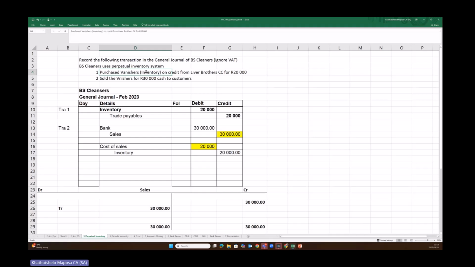If this was a periodic inventory system, we're going to tell you the 20,000 when we bought, and how many units we have bought. Let's say, for argument's sake, we bought 5,000 units or quantities.